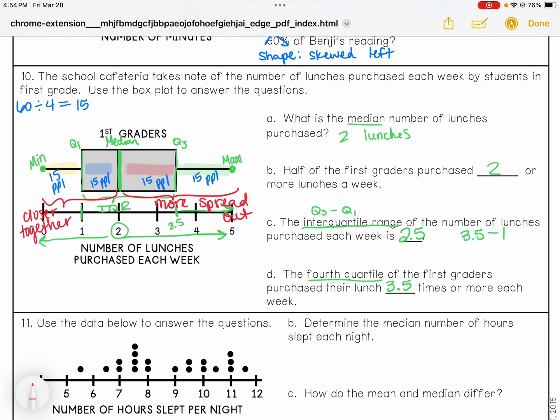So down here in the lower half, we would say this data is more similar or closer together. And the higher half, we would say the data is more different because it is more spread out. People didn't answer the same way, or people didn't buy lunches the same amount.